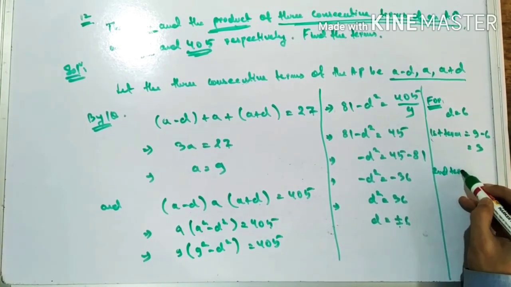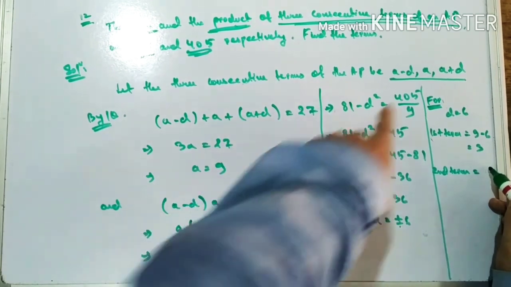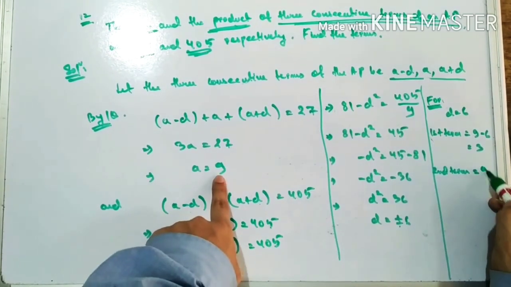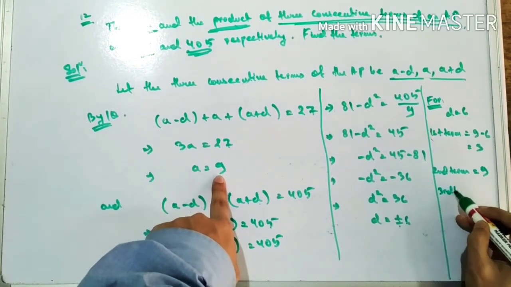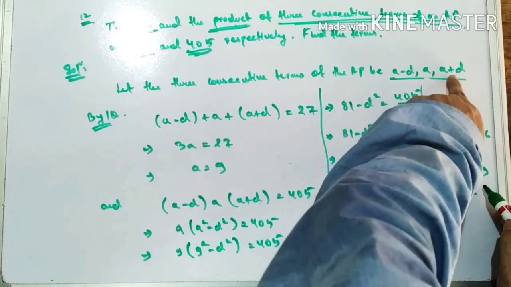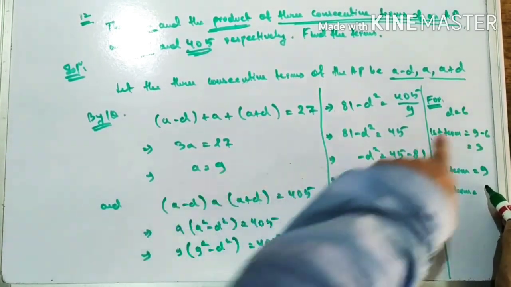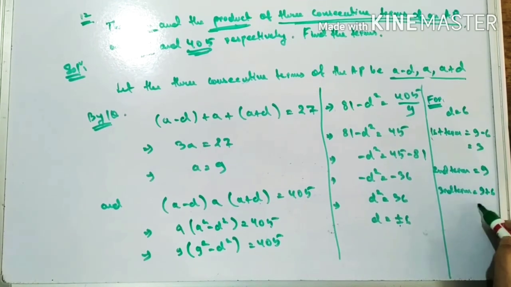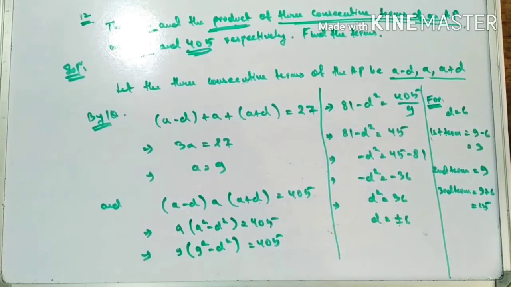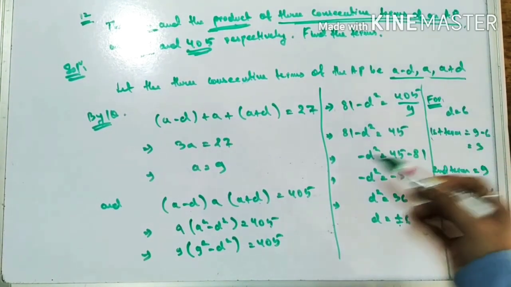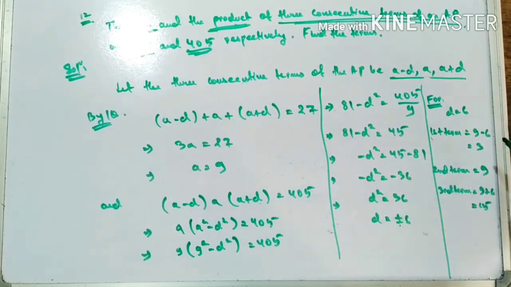Then second term it will be a, 9, and the third term is a plus d, that is 9 plus 6, which is equals to 15. Okay, so therefore the three consecutive terms of the AP are 3, 9 and 15.